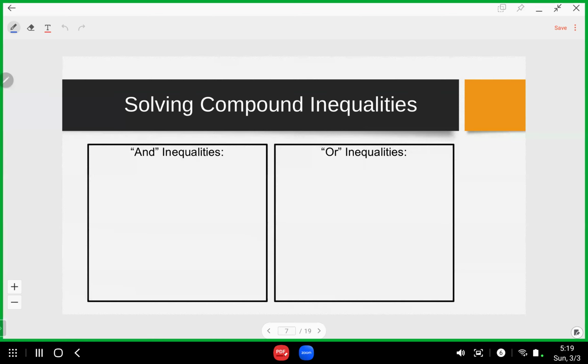Let's say that 2x plus 5 is less than 5, okay? We have and 3x over 4 is greater than... actually, can we do this?